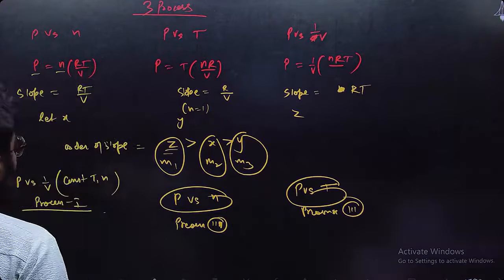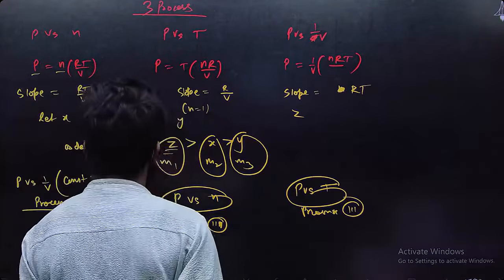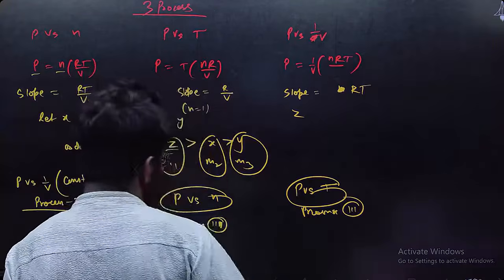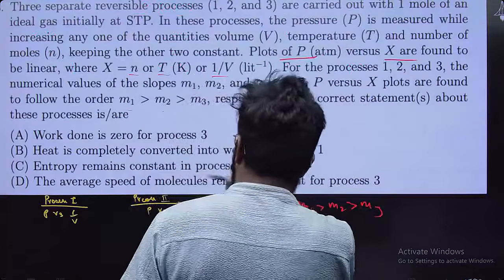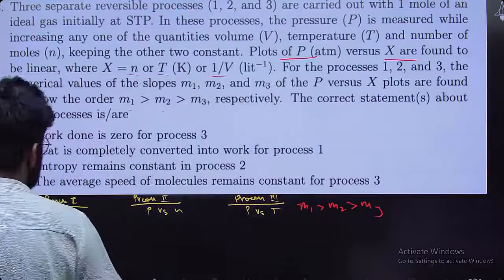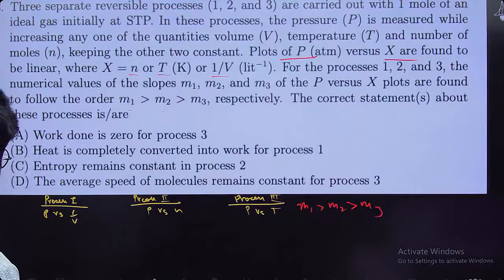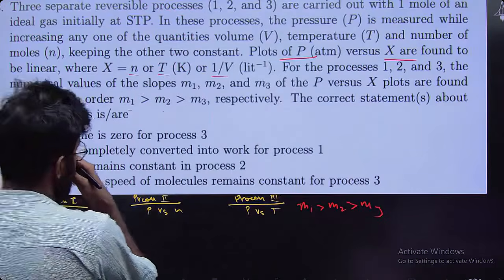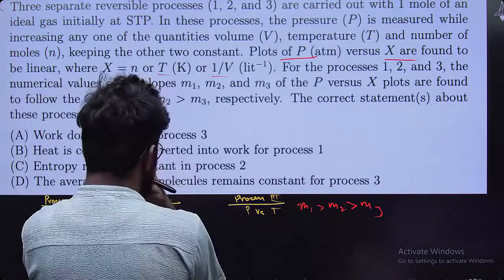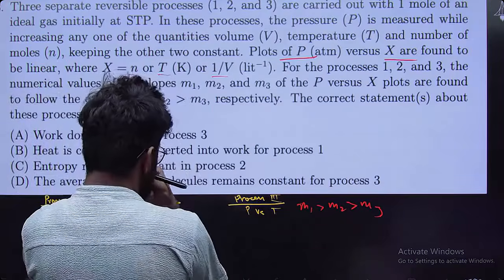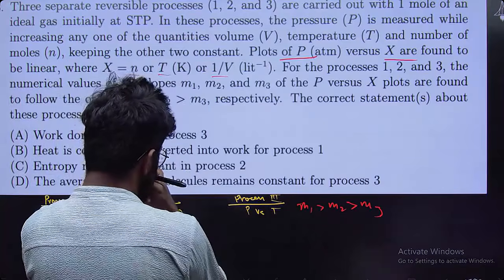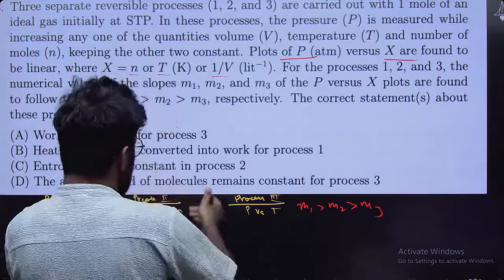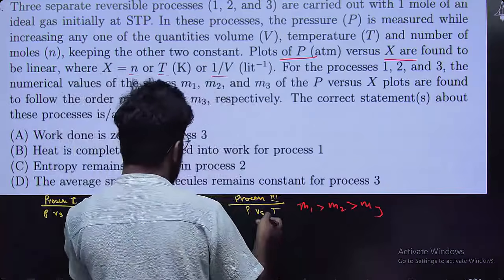Wait, this is RT, and the order is still m1, m2, m3. Work done is 0 for process 3. What is process 3? Process 3 is constant T and constant. Oh, obviously, it is correct. We are right.